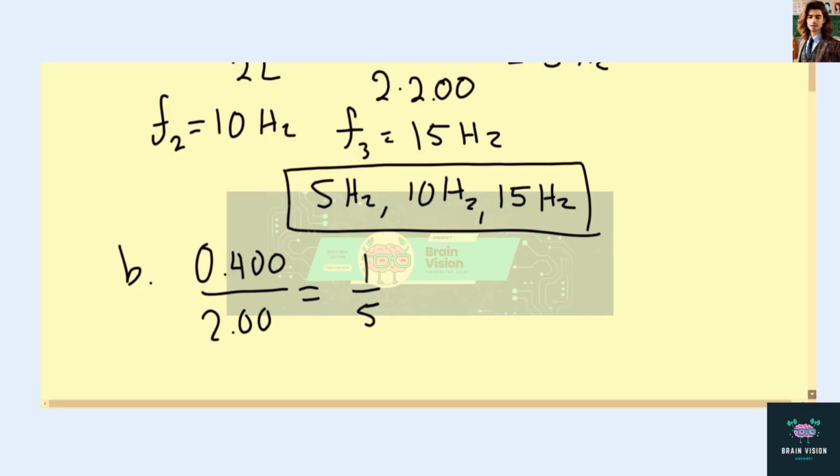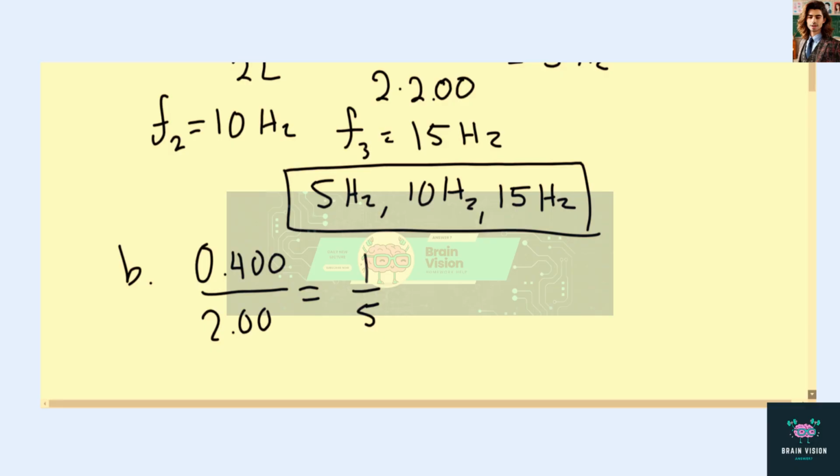Well, if we compare 0.400 to the total length of the string, we'll see that that is 1/5 of the way along the string, which indicates that it would be the fifth mode of vibration.